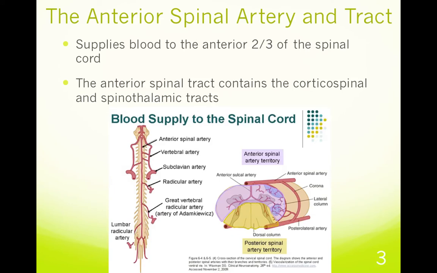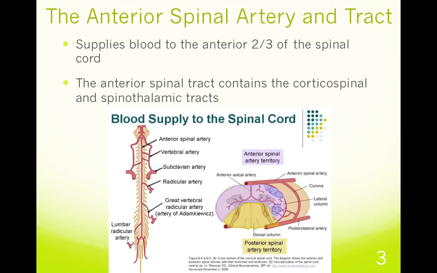Understanding the locations and purposes of the anterior spinal artery and anterior spinal tract is important for understanding how anterior cord syndrome can develop. The cord is supplied by one anterior spinal artery. You can see that along here. And then there are two posterior spinal arteries.